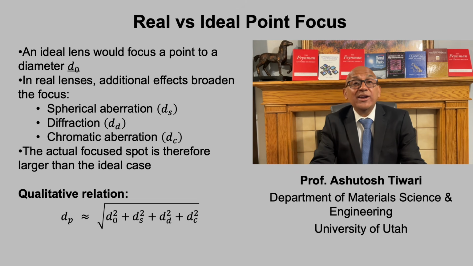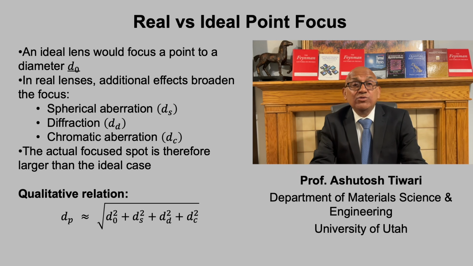Diffraction imposes a fundamental spreading due to the wave nature of electrons. Chromatic aberration further broadens the focus because electrons with different energies are focused differently. As a result, the actual focused spot size is larger than the ideal value.